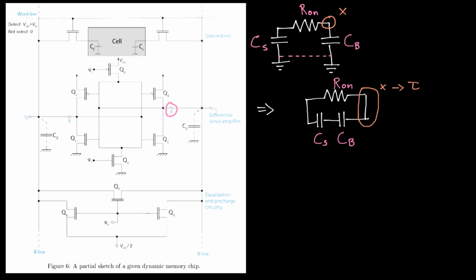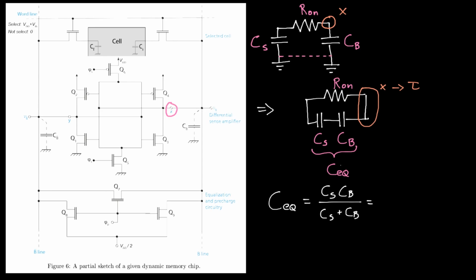For that we use the R-on resistance and the equivalent capacitance formed by these 2 capacitors. We will call that equivalent capacitance CEQ. The computation of an equivalent capacitor of 2 series capacitors is done in the same way as we compute the resistance of 2 parallel resistors. So it is CS times CB over CS plus CB.